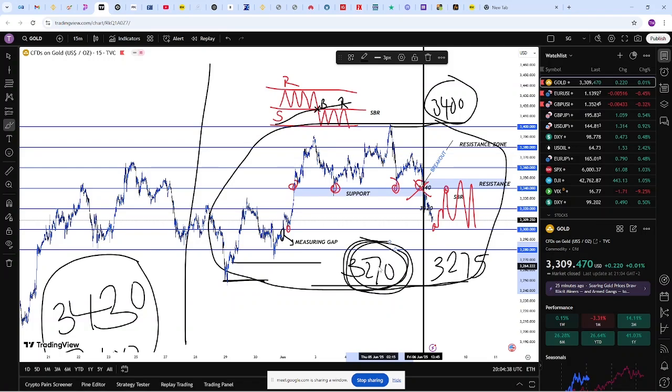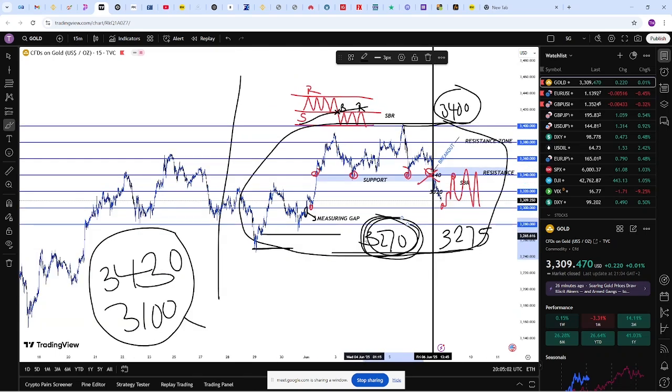Okay, so what's change of character and those ones are ICT. I'm not teaching ICT. The change of character, on our side we call it breakout. Everything I'm talking about is support and resistance.